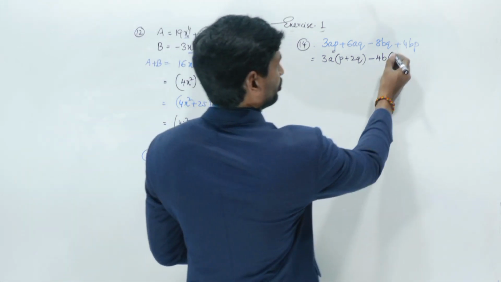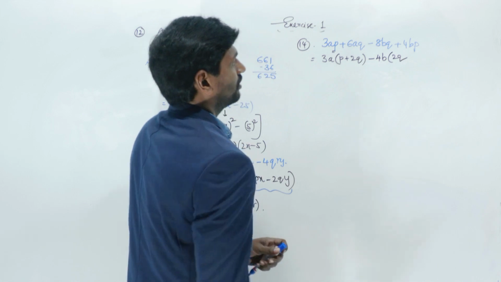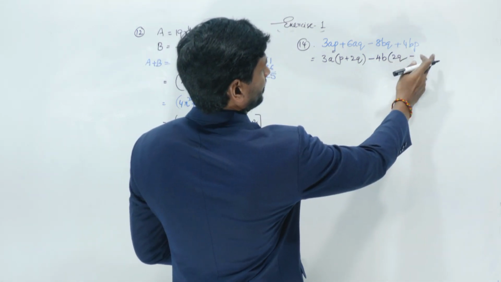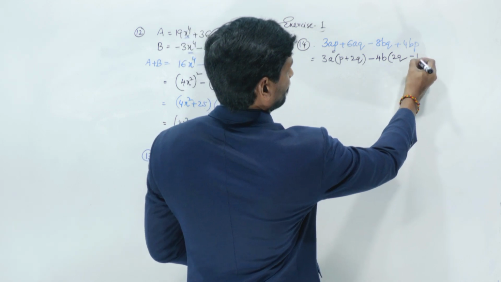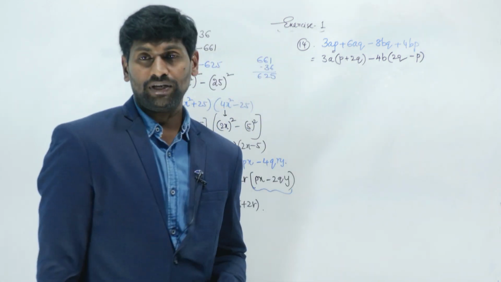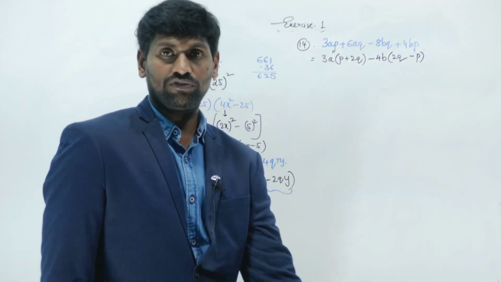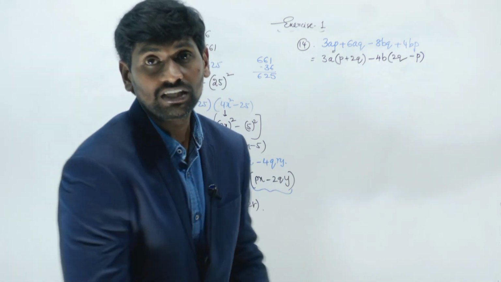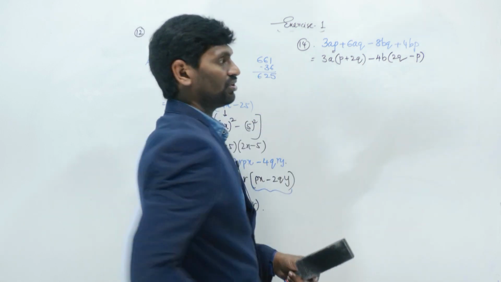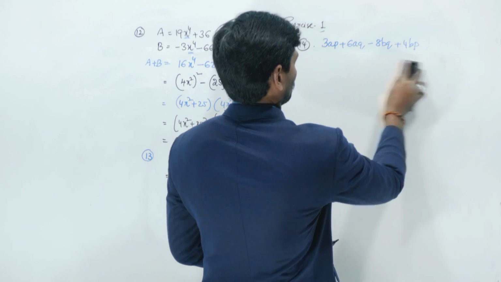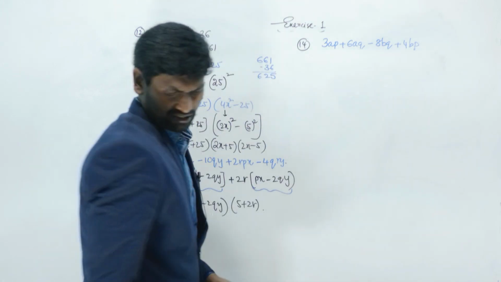Then what is remaining here? 2q minus p. But both are different, we don't get any common factor. So we cannot go forward like this, because here a plus term is given and there a minus term is given, it does not work out. So try to interchange the terms. That also will give the same result.